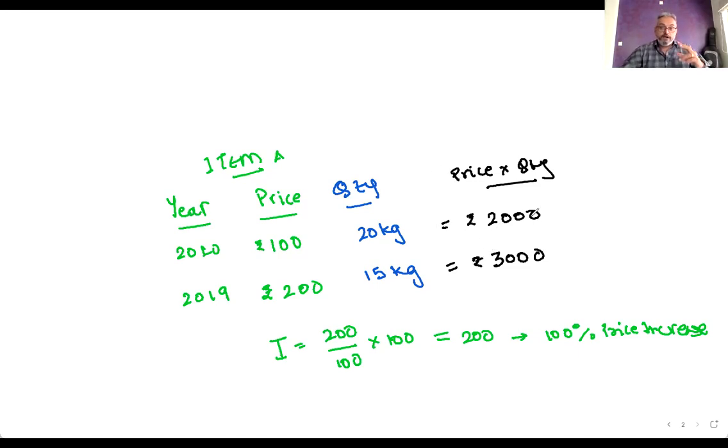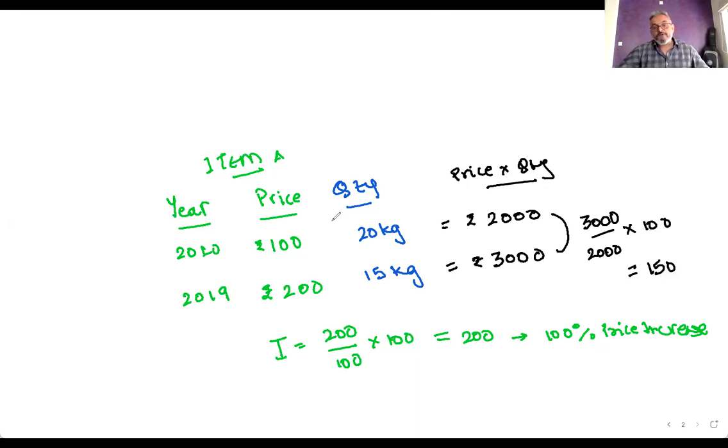So from 2000 it has become 3000, so my expense has increased. So what's the index for this? It is 3000 divided by 2000 into 100, which comes to 150.